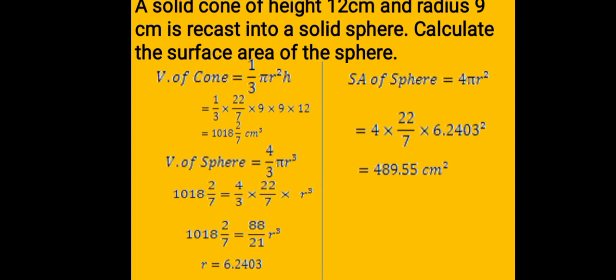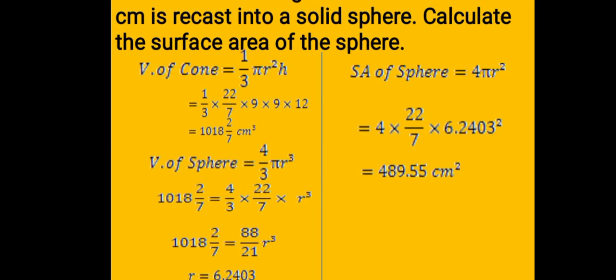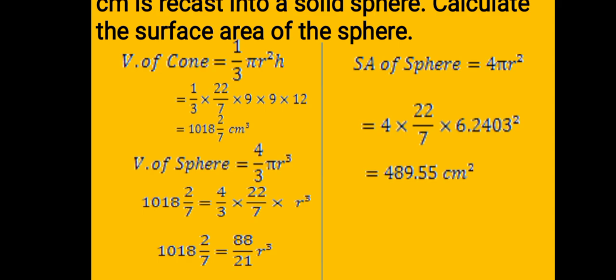We divide by 88 over 21 on both sides and take the cube root. We get r to be 6.2403 centimeter. Now, the surface area of a sphere is taken to be 4 pi r squared.